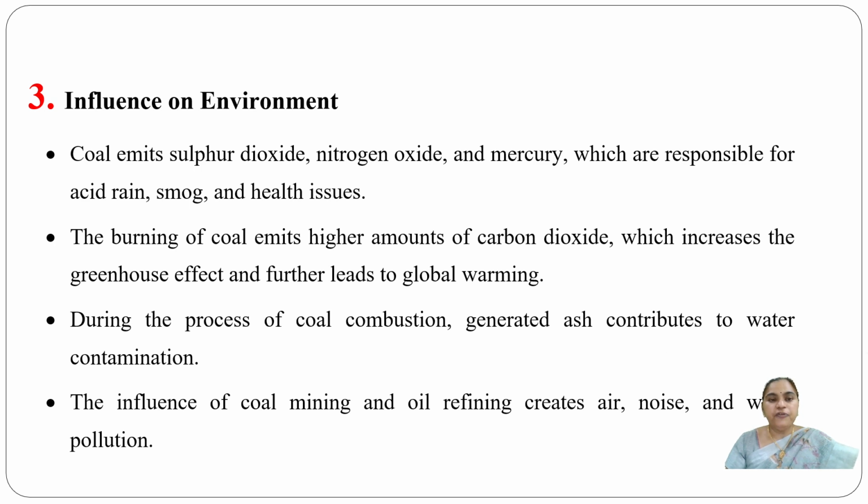This slide shows the influence on environment. Coal mining and nuclear power plants emit the most dangerous greenhouse gas, carbon dioxide. Besides carbon dioxide, they also emit sulfur dioxide and nitrogen dioxide, and sometimes the heavy metal mercury is also released from coal mining, and these are responsible for acid rains, smog, and some health issues.